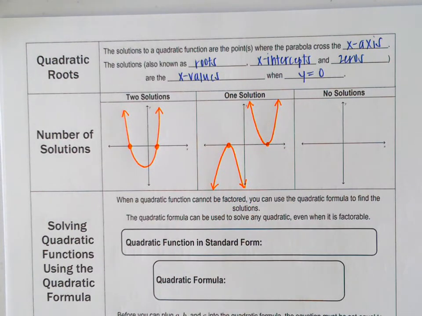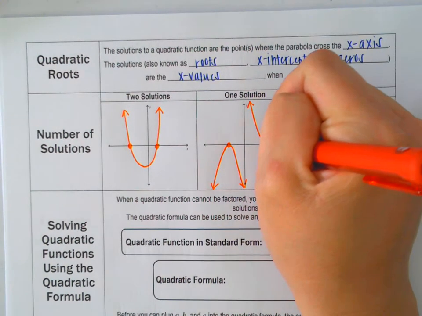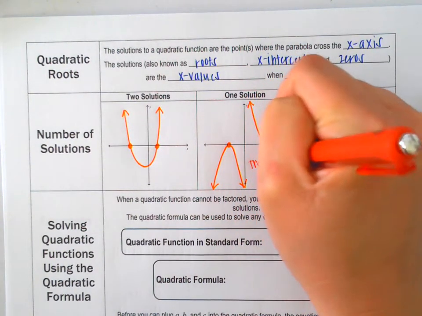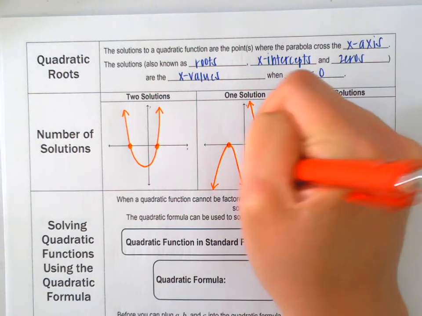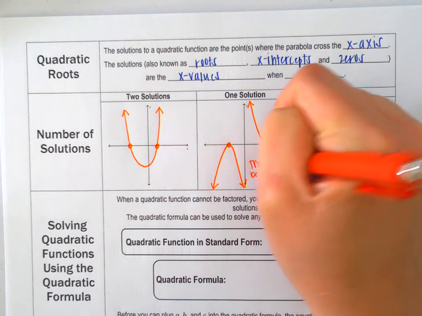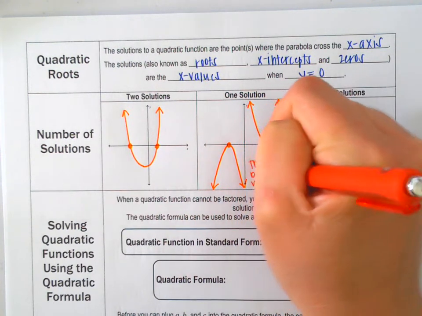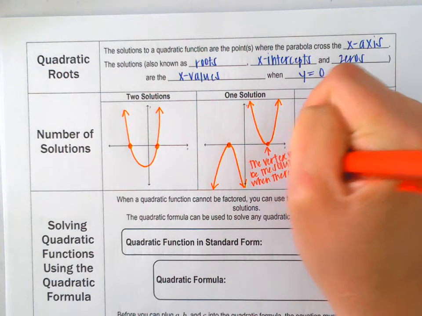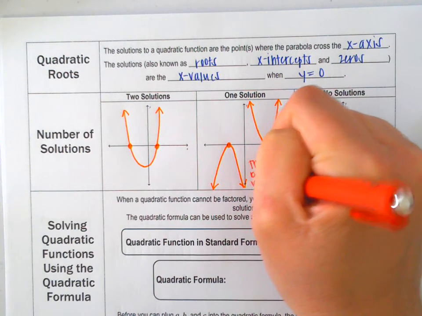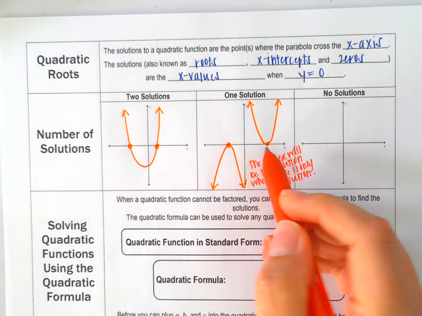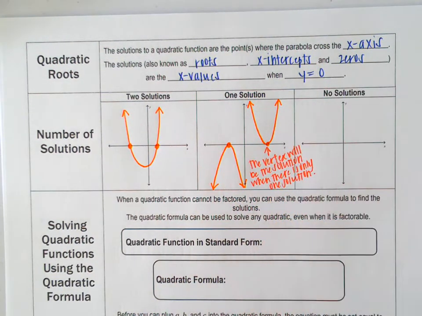So the vertex will be the solution when there is only one solution. So the vertex and the solution are at the same exact spot when it's one solution.